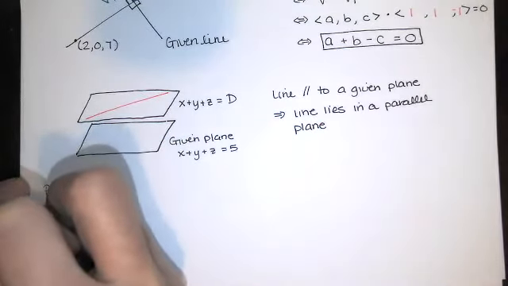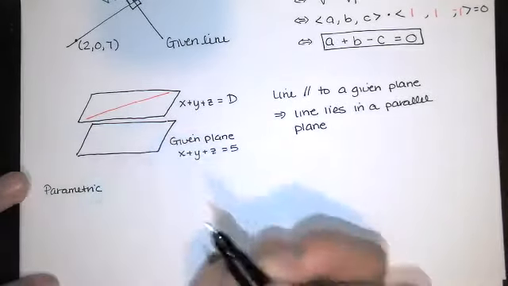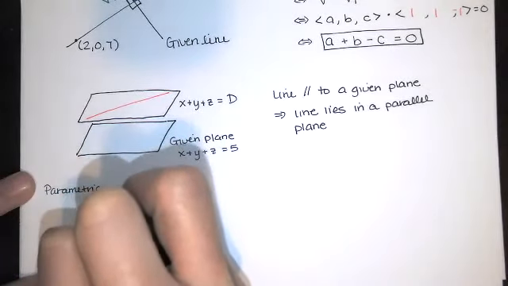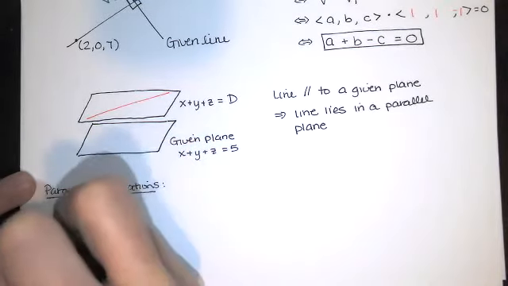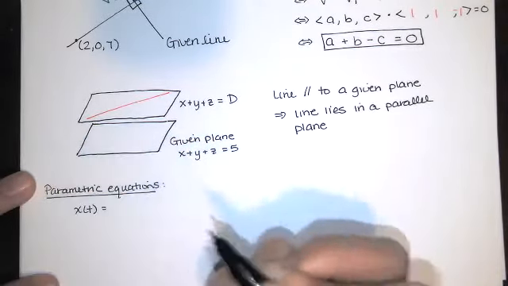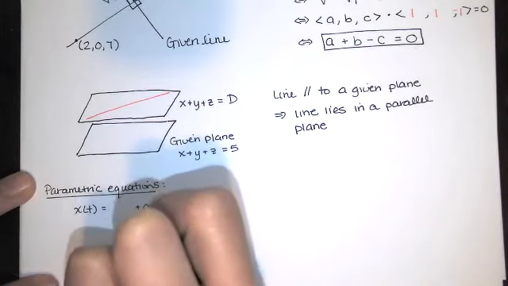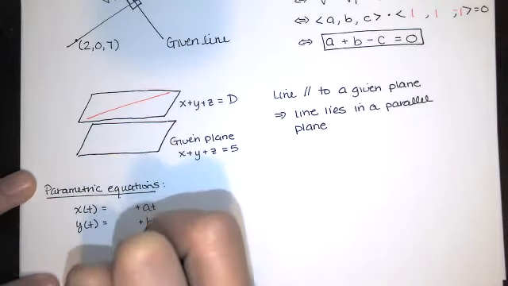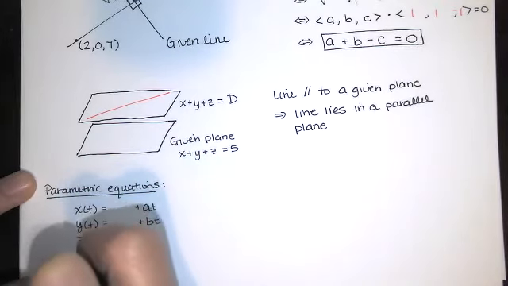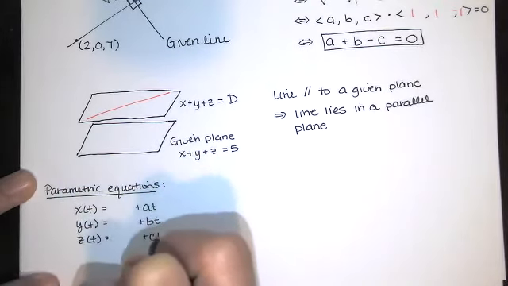So far, we know that our parametric equations look like this. We've got x of t equals x naught plus at. y of t equals y naught plus bt. And z of t equals z naught plus ct.